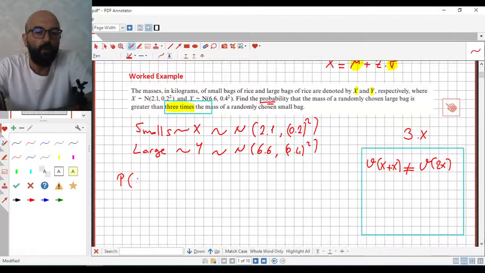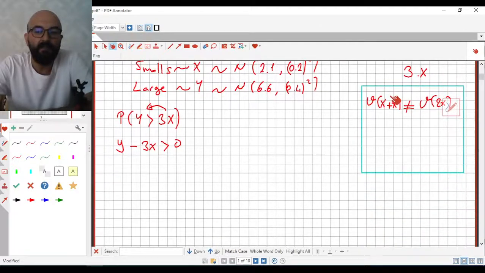So y greater than 3x, and if I carry 3x to the other side of the inequality sign, it becomes y minus 3x greater than 0.